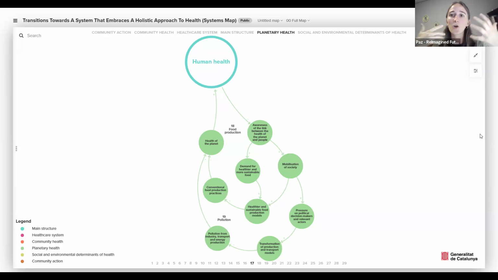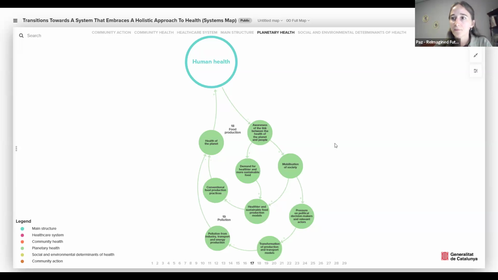With GenCat, this co-creation is really close. In this particular systems map, we handle and manage the Kumu platform, but we share screen and say, okay, how can we build this dynamic? How can we name the elements? How can we name the feedback loop? With other clients, we create everything, and yes, we get feedback on whether the feedback loops really show the dynamics that they want represented.